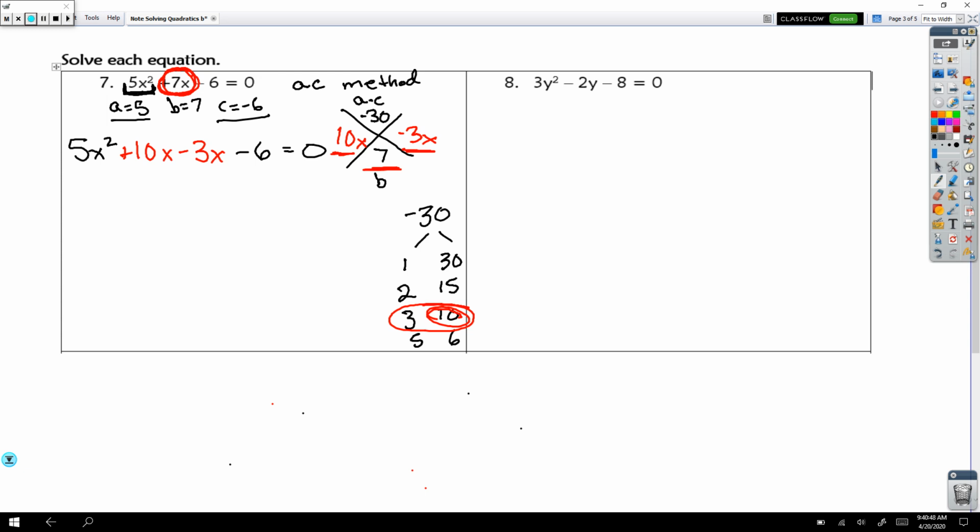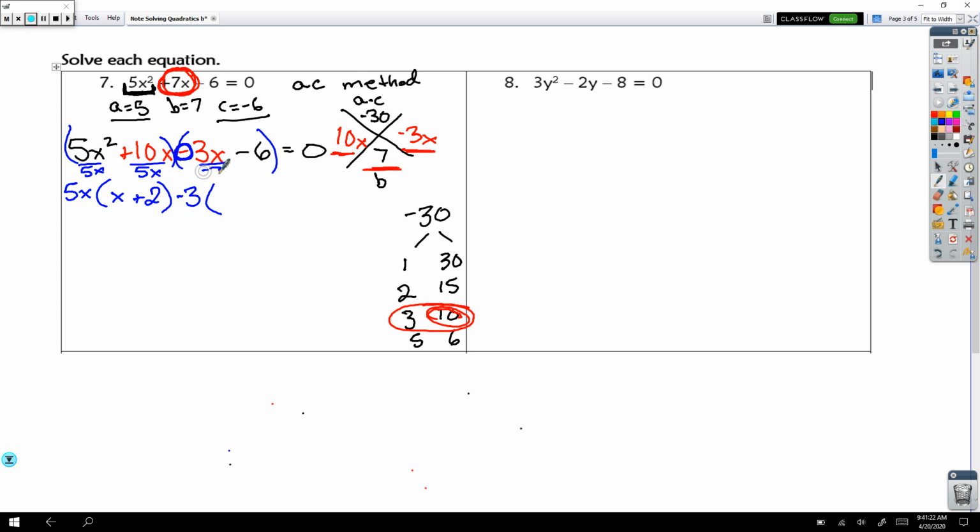Now, I have 4 terms, so this is where I do my factor by grouping. The GCF of 5x squared and 10x would be 5x. So divide by 5x, and that would leave me with x plus 2. Looking at the second two terms, I could divide both of those by 3, but because this term is negative, I'm going to take out a negative 3.